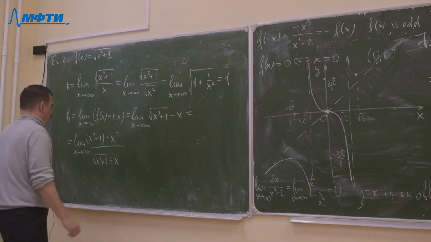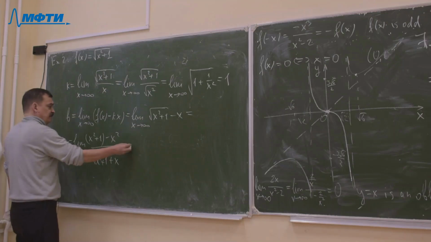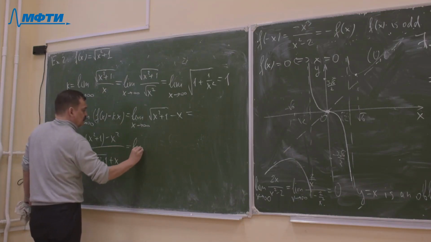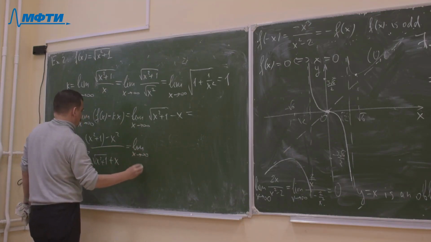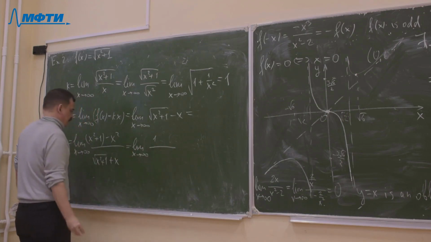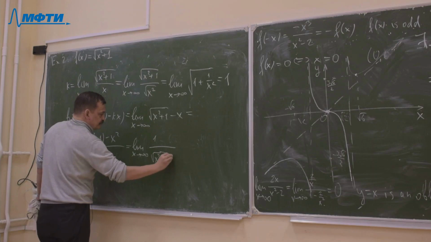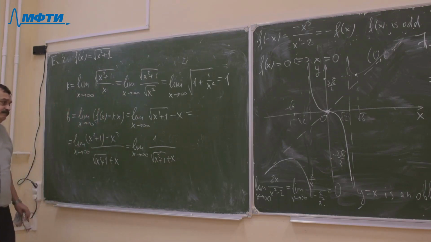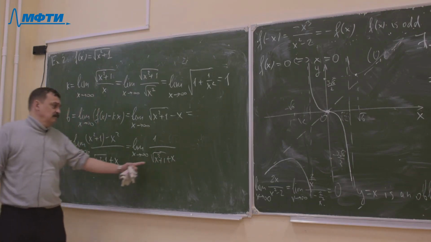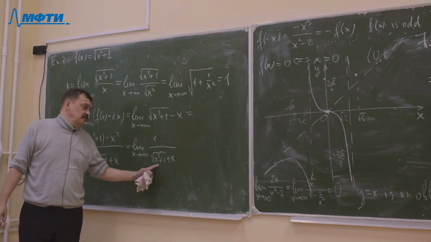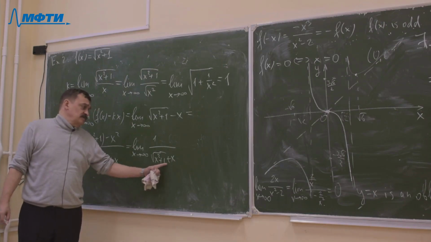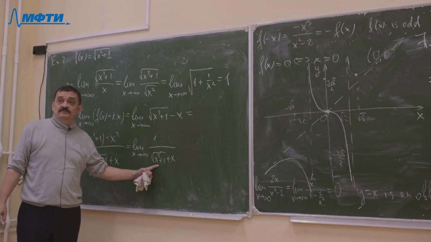Okay, and after that we obtain the limit as x tends to infinity of 1 over that. And you see both terms tend to plus infinity, right?